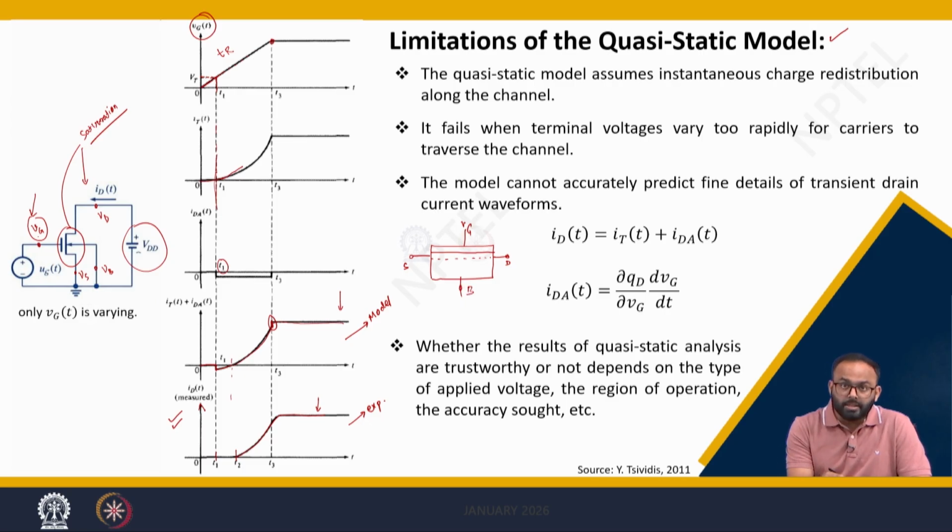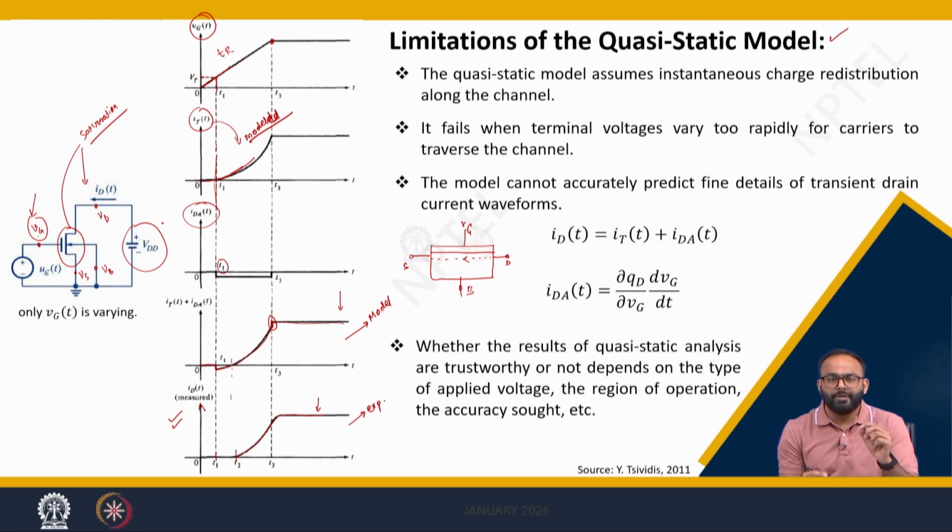So what happens is, the moment the gate voltage increases beyond T1, the current starts. That is the total current, and this total current is modeled by the quasi-static model that we developed so far. At the same time, we found that IDA, which is the charging current at the drain side, shows a negative trend. Why so?